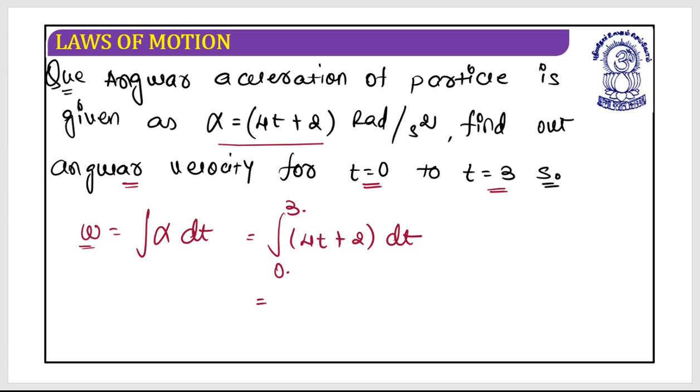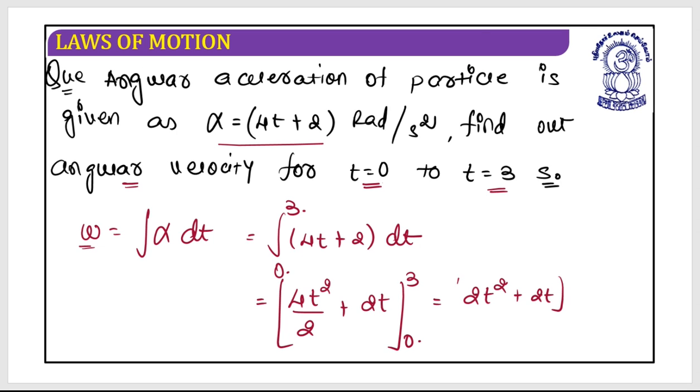So if I integrate this, it's 4t square by 2 plus 2t from 0 to 3. This is equals to 4t square by 2, it is 2t square plus 2t from 0 to 3. This is equals to 2 into 3 square plus 2 into 3.